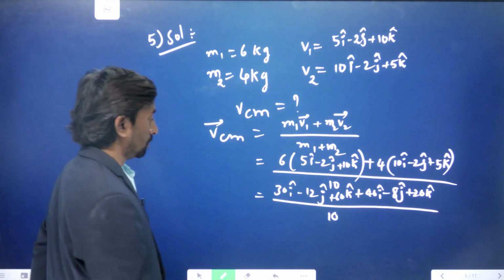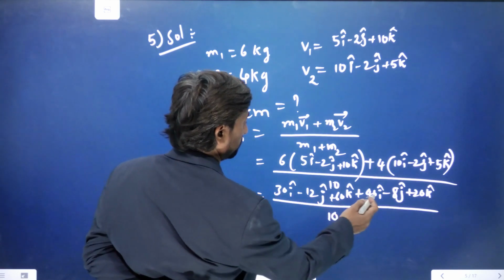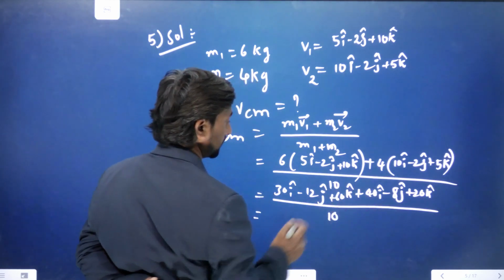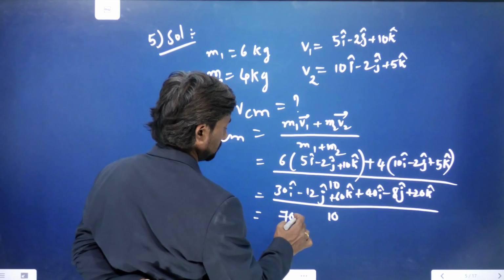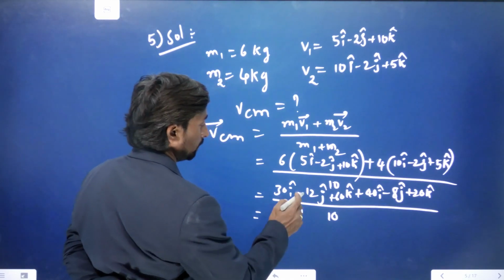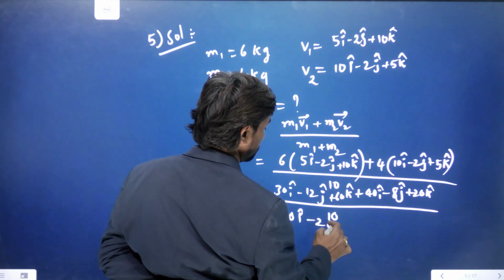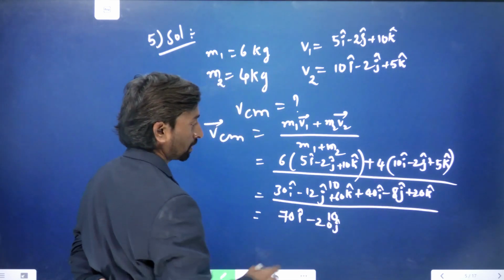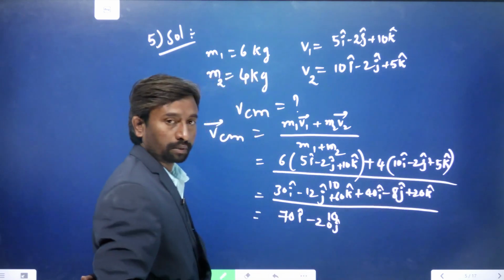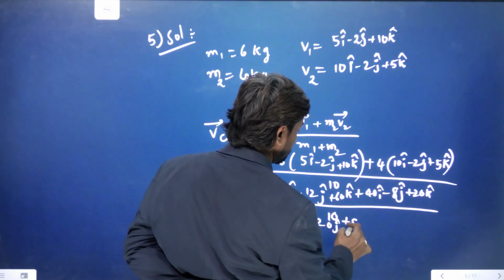Now here you see the 30 i cap and 40 i cap, so we'll get 70 i cap. Minus 12 j cap minus 8 j cap gives minus 20 j cap. 60 plus 20 gives 80 k cap.